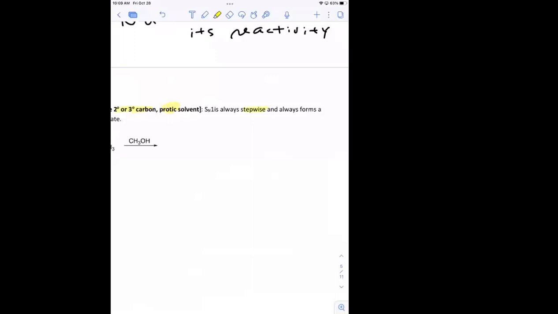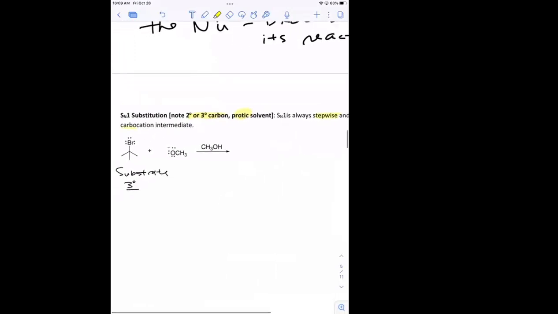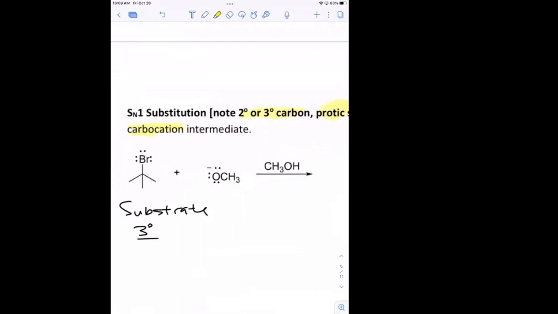So let's go through our little labeling exercise: leaving group, nucleophile, solvent. Then we're going to go into detail about the mechanism and the rate law, just like we did with the SN2.